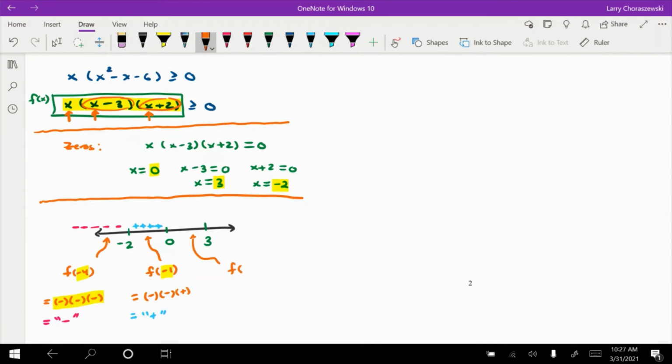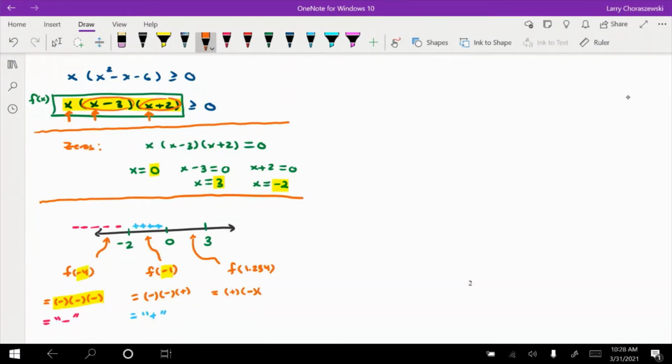Let me have you pick a number from 0 to 3. Anybody want to type it in the chat? A number between 0 and 3? 1.234. Okay, I love that. I can hang with it, because if you plug it into the first factor, that's a positive number. The second factor, 1.234 minus 3, will give us a negative number.